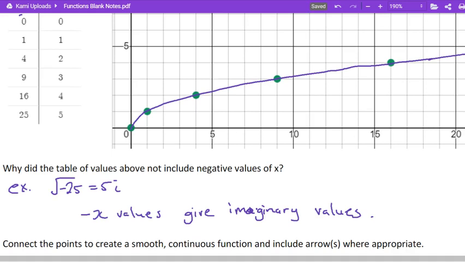If you have an imaginary axis, you can graph it, but we're not using imaginary axes. Is that why it's still technically a function? Yes. Because we're only using real values. The negative x's would have been here, right? If I'm saying negative 25 is my x, well, that's here.